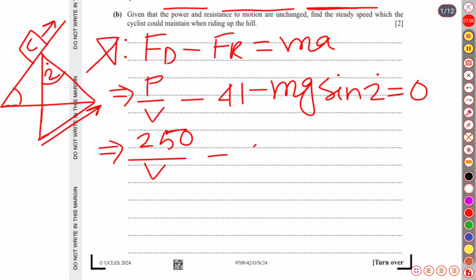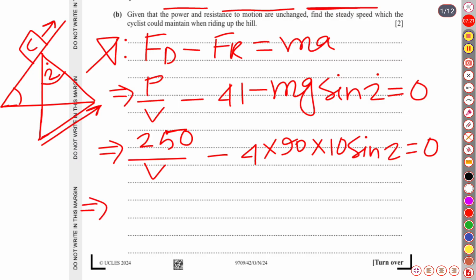Minus 41, the mass of the cyclist is 90, acceleration due to gravity is 10, and sine 2 degrees, equal to 0. Power is 250.